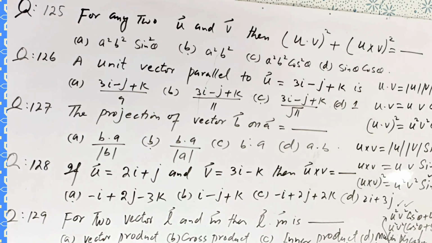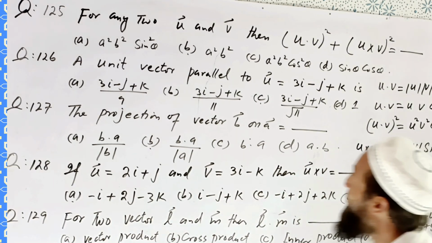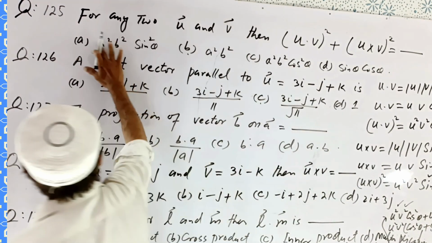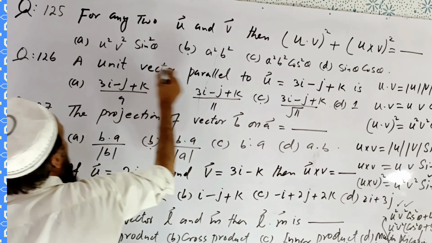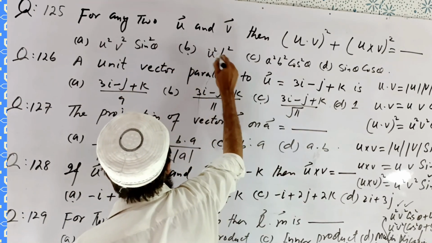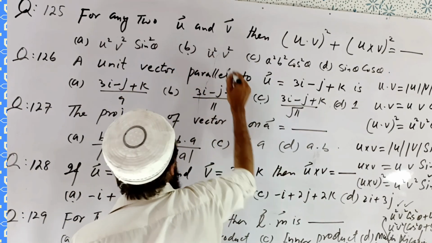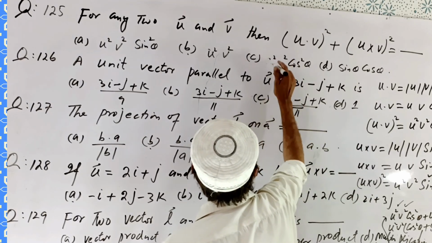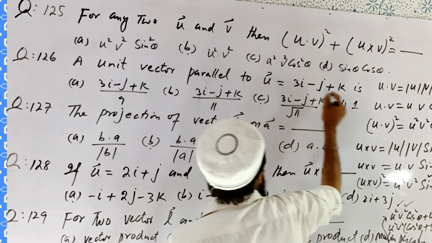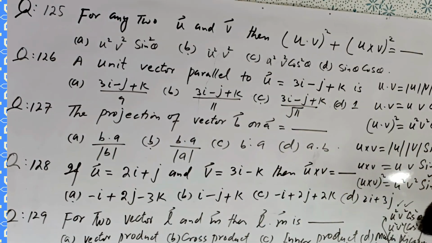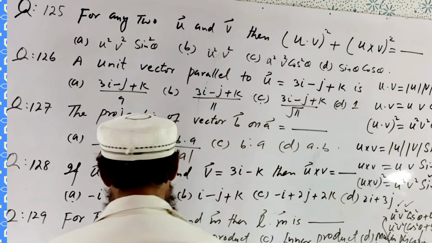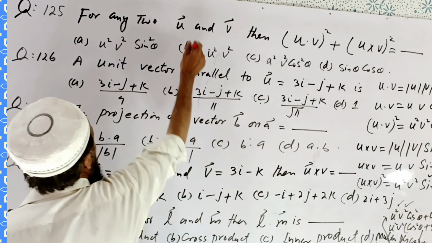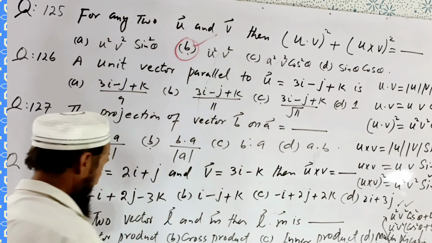The question uses a and b, but that is wrong. According to this proof we have done, B is the correct answer.